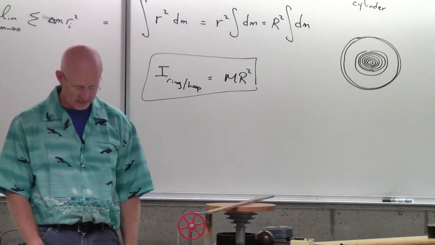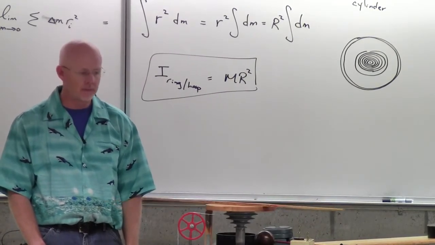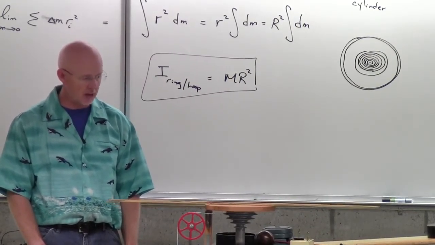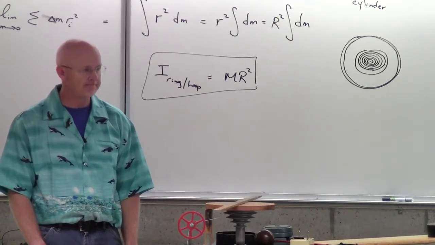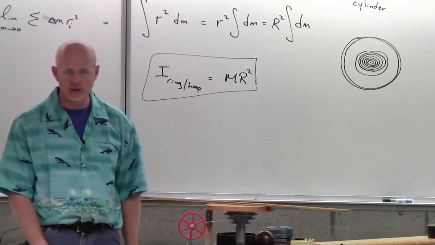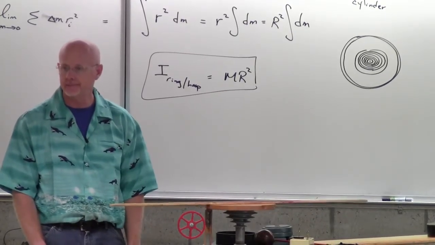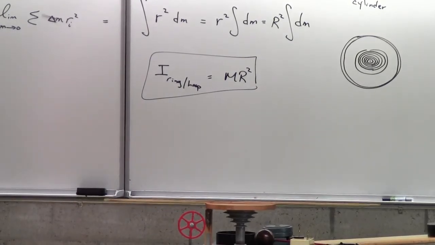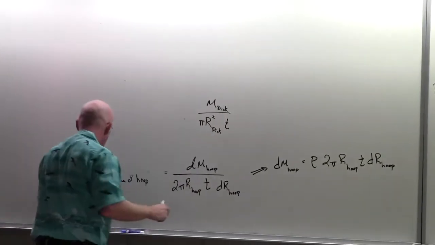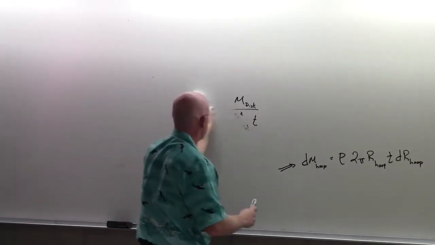We spin a rod. How easy or hard is it to spin a rod? What's the moment of inertia of a rod? Well, maybe I'll clear these round objects off the board. Let's go to just a straight rod here.